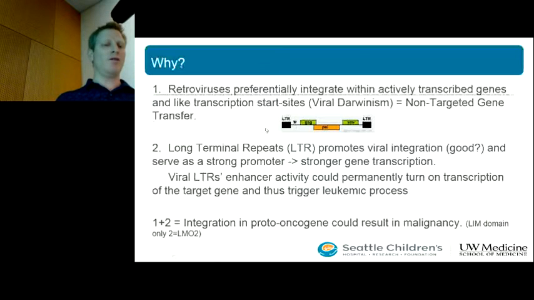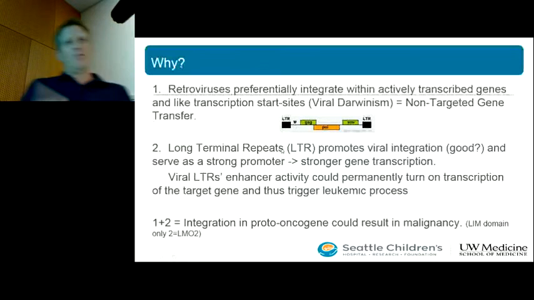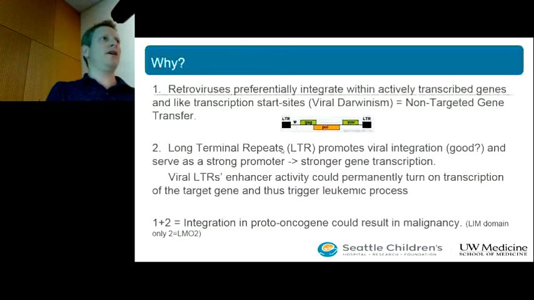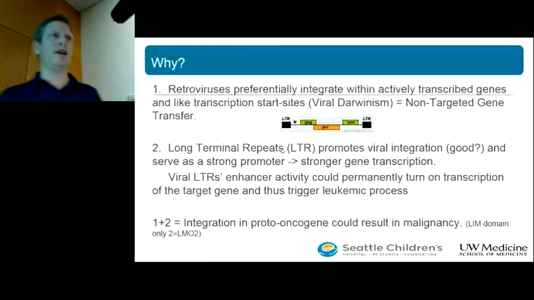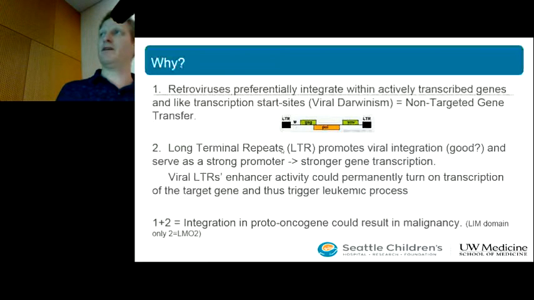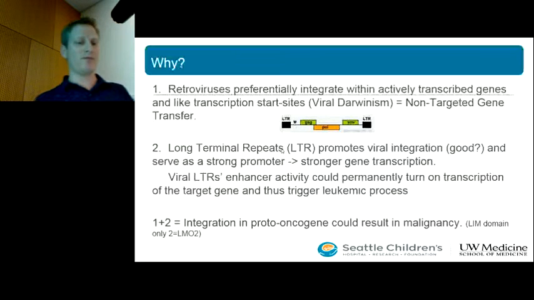And they have another thing called LTR, long terminal repeats, which is a very strong promoter. So from the virus perspective, I not only want to get integrated in active sites, I also want to proliferate myself very strongly, so they're adding another enhancer. So they go into active sites, and then they very actively replicate themselves to make more viruses and spread themselves.